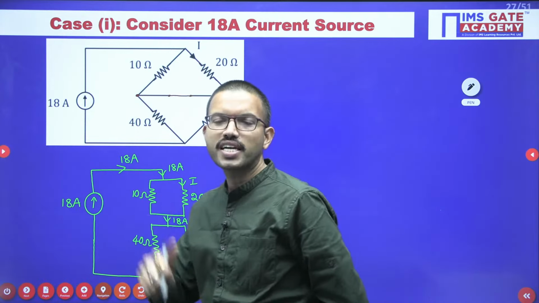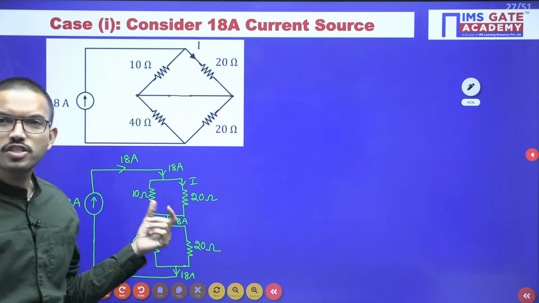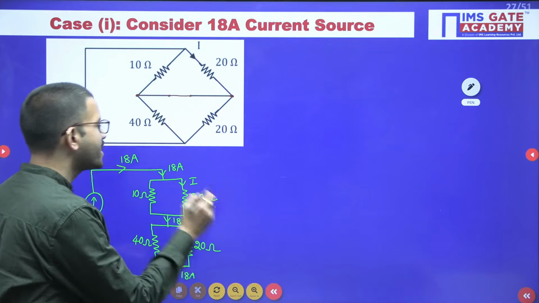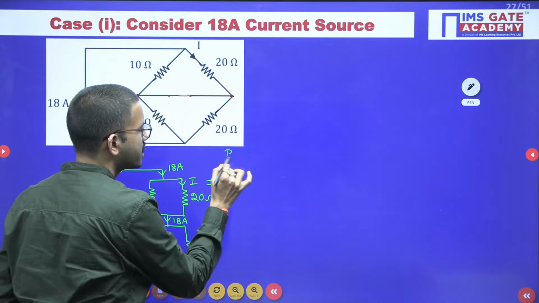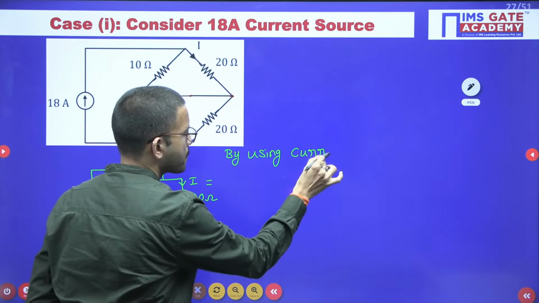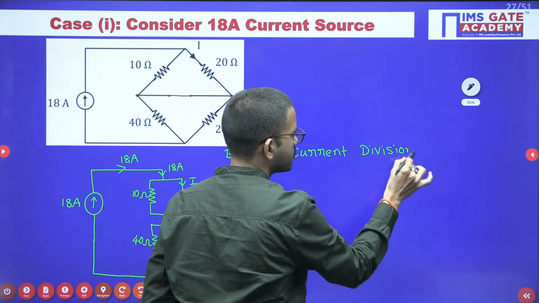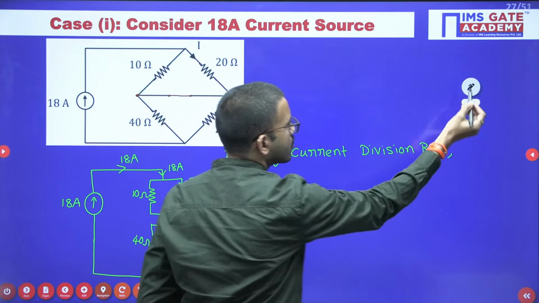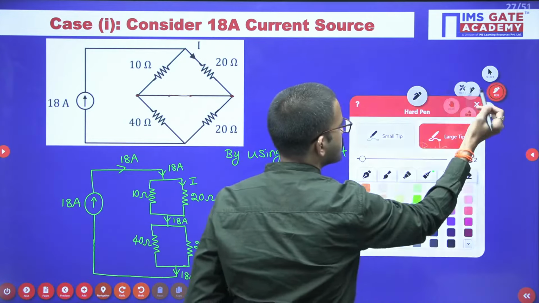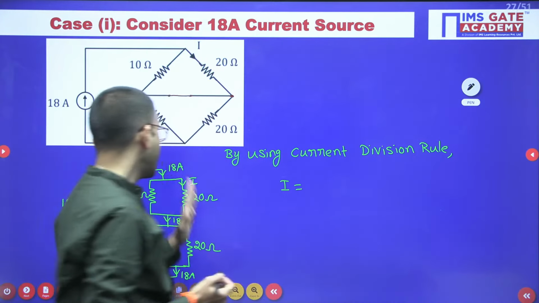Now, once you understand this mechanism, you can easily calculate the current by using which principle or which rule? Current division rule, right? By using current division rule, we can calculate the current flowing through any resistance.